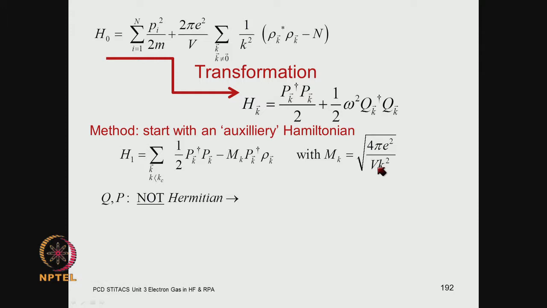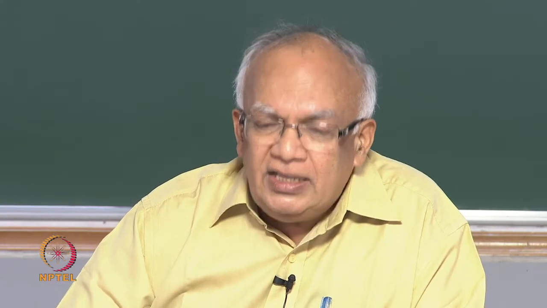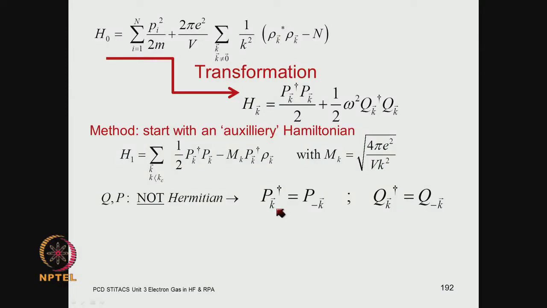Q and p are not Hermitian, they do not have to be. Instead, we choose the p dagger for the component k to be equal to p not of k but of minus k, and the q dagger of k not equal to q of k but q of minus k. Okay, so these are not Hermitian. So this is your rho k.